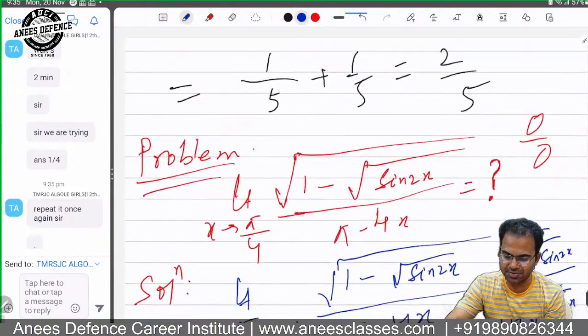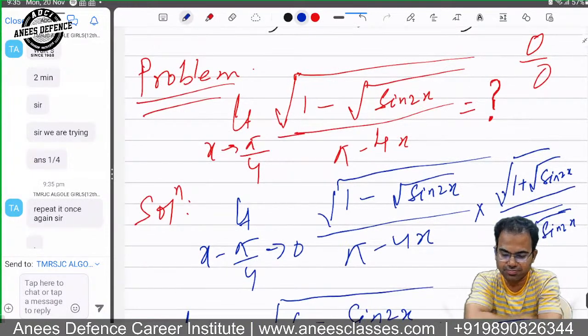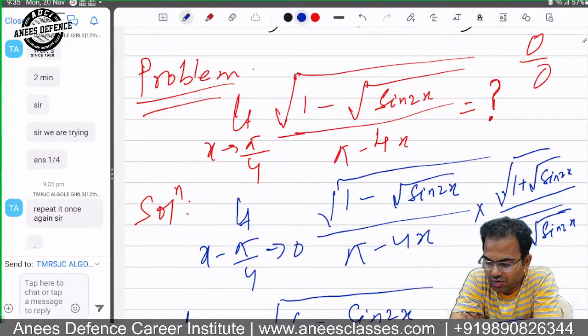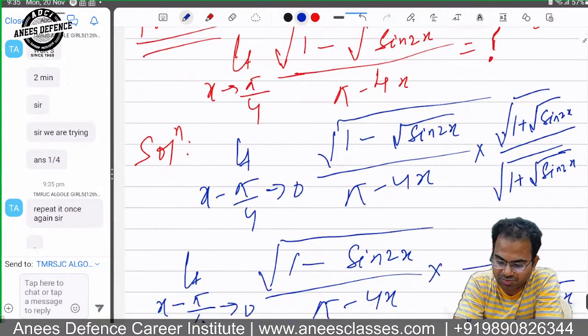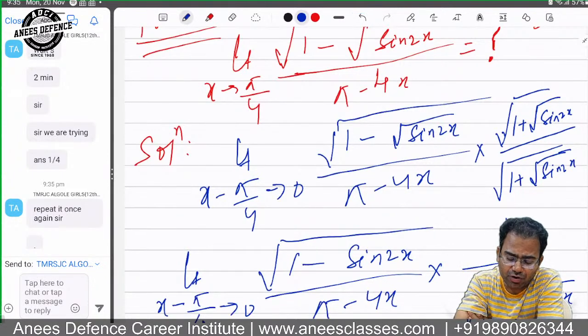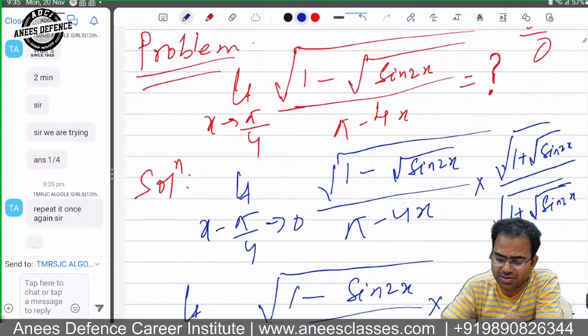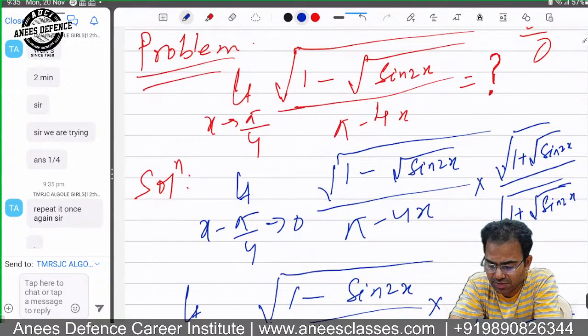Okay, I'm repeating it. I have limit x tends to pi by 4, under root 1 minus under root sine 2x upon pi minus 4x. Now I'm solving it. I'm taking pi by 4 to the left side, so x minus pi by 4 tends to 0, under root 1 minus under root sine 2x upon 4 into pi by 4 minus x.